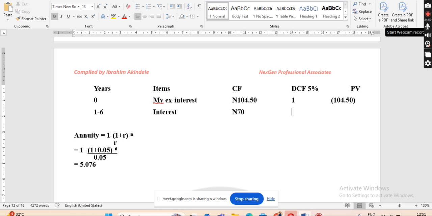So here we can have 5.076. Please multiply by 17 naira.